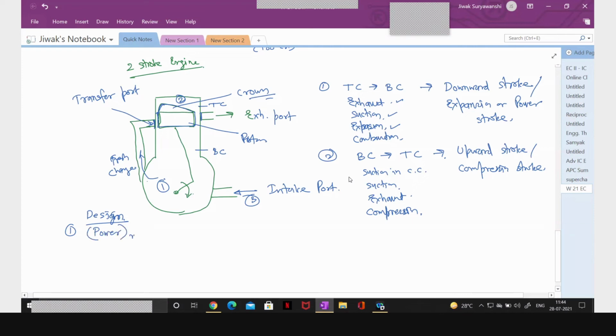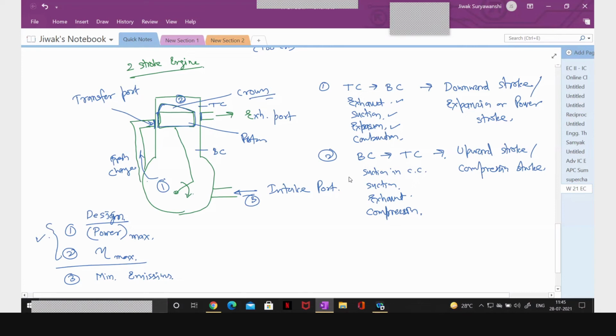You will design it for maximum efficiency. And nowadays, one more is coming, that is emission: minimum emissions or pollution. But as a mechanical engineer, you will think about maximum power and maximum efficiency.